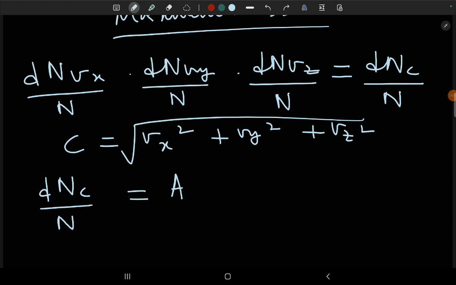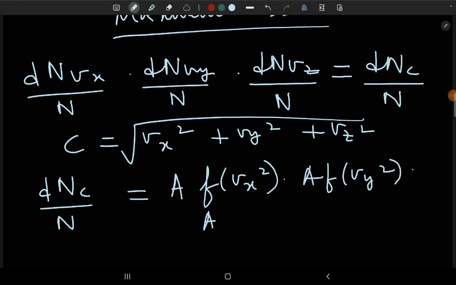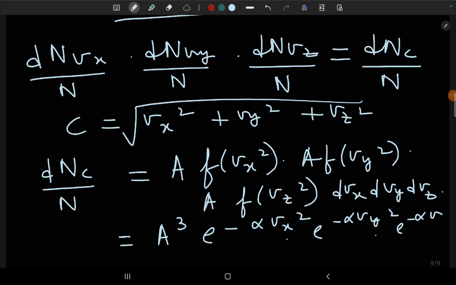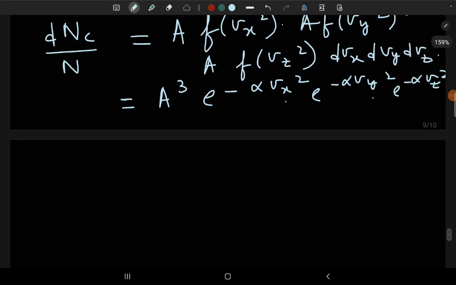So this is a vx squared into a vy squared into a vz squared dvx into dvy into dvz, and this is a cubed, and since all the forms were like this, we will write directly e to the power minus alpha vx squared into e to the power minus alpha vy squared into e to the power minus alpha vz squared, the simple isotropicity condition.